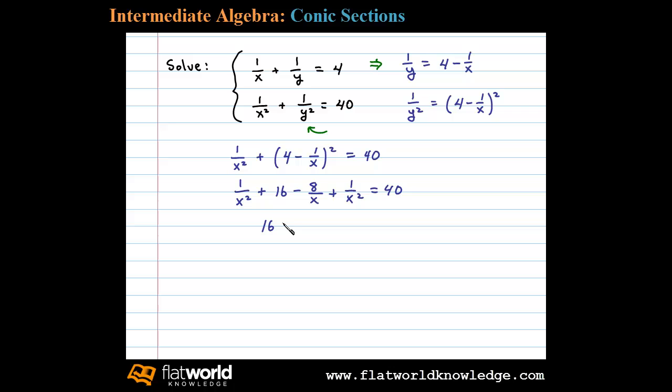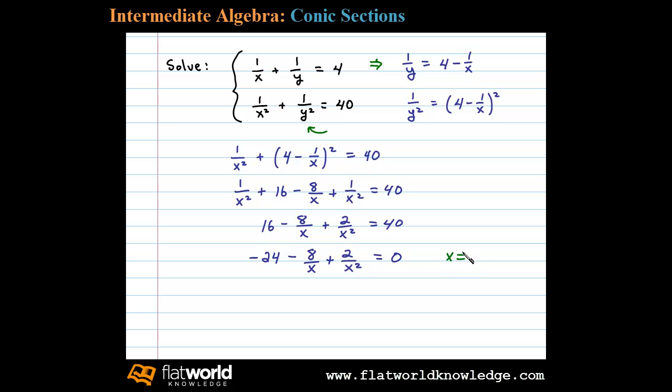And we have 16 minus 8 over x plus 2 over x squared equals 40. And then subtracting 40 on both sides, we get negative 24 minus 8 over x plus 2 over x squared equals 0.